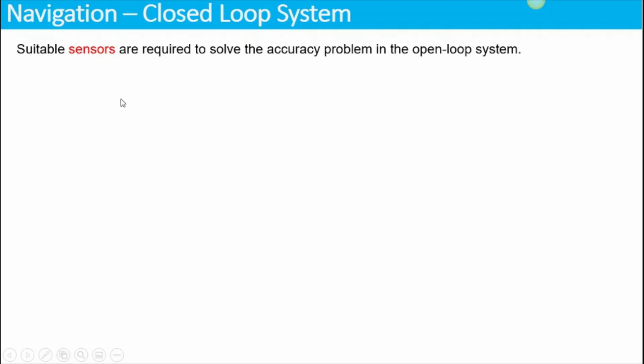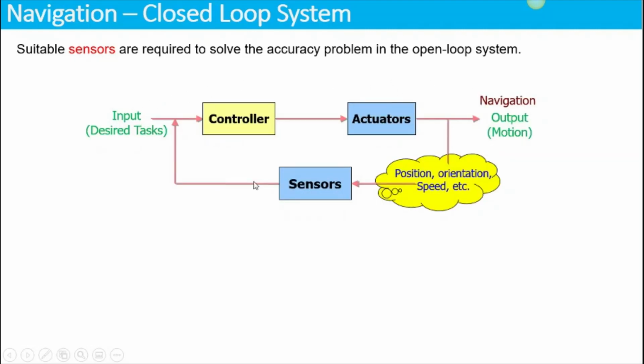In the closed loop system, suitable sensors are used to solve the accuracy problem of the open loop system. So instead of just having an open loop system, right now you have added sensors in your system, which will capture data from the environment. For example, it can capture the position, the orientation, and the speed, and then feed it back to the controller.